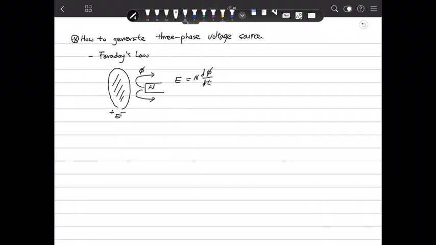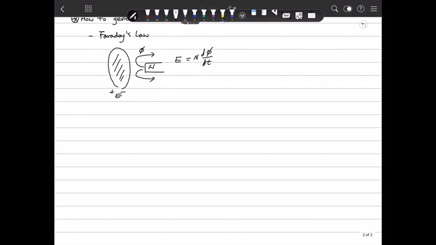In the same way, we have one coil here in this way. It's a coil. So we have one rotating permanent magnet. This is rotating here, and this is fixed. This is N, then there will be some flux.